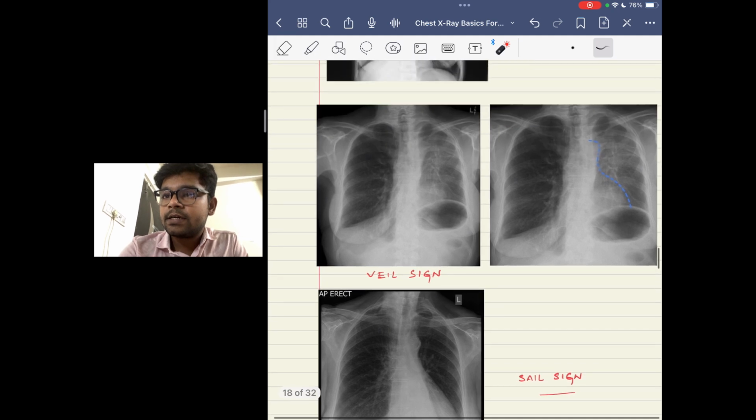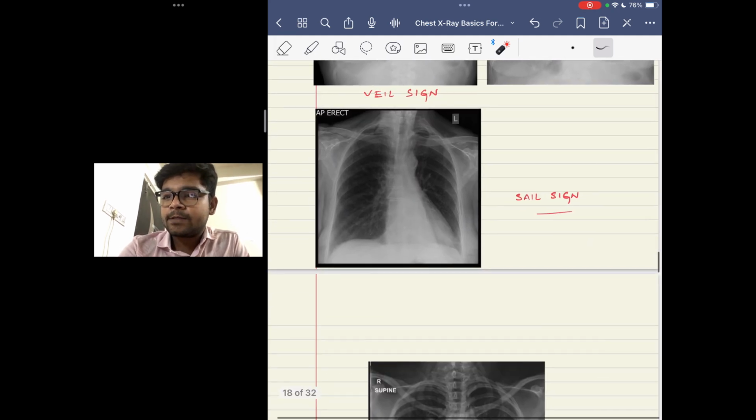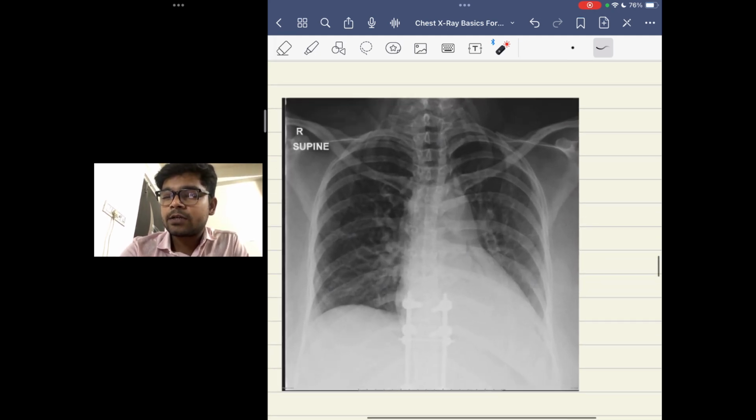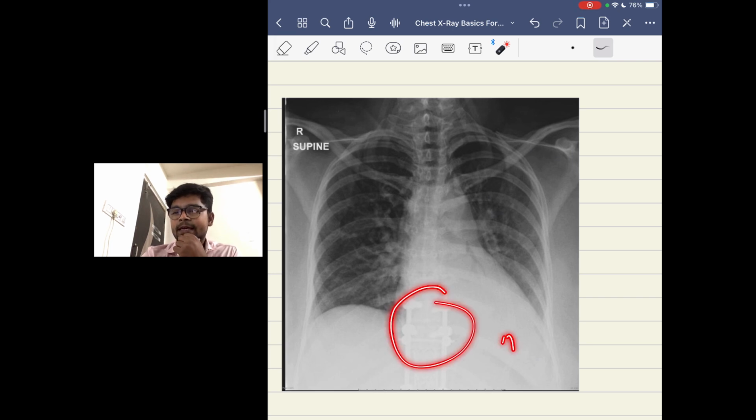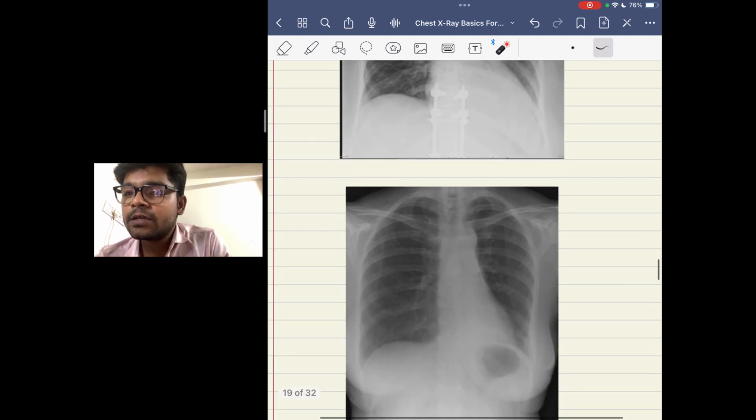So this is your important clue. There can be dual pathologies, and also please keep looking by the approach of A, B, C, D, E, F, and some lines and tubes and prosthesis. This should be your approach. So this is a post-op patient for you.